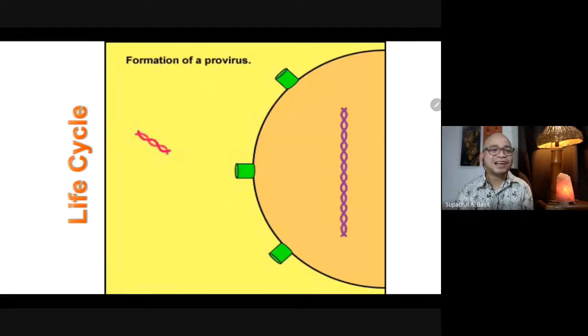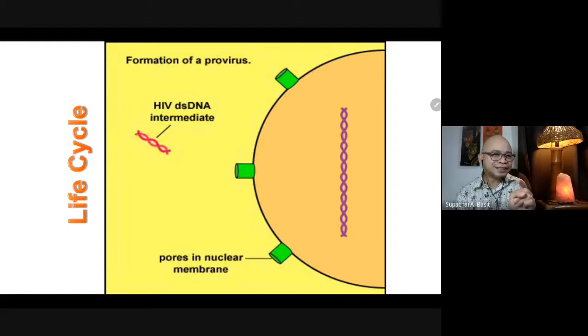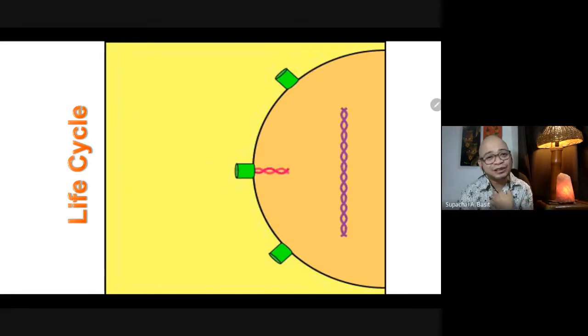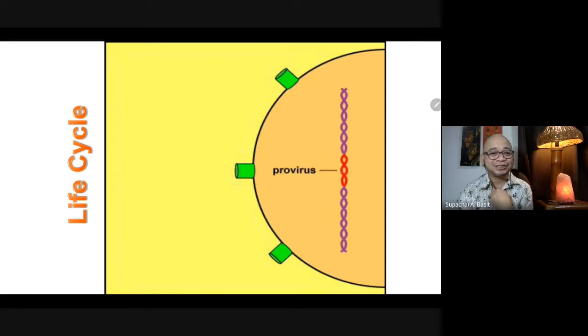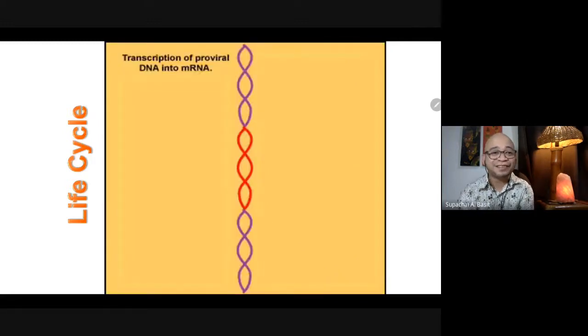So it is now the provirus. The double-stranded DNA of the virus will integrate itself into the host DNA as it enters the nuclear pore through the enzyme integrase. So the enzyme integrase inserts, and now you have the provirus, the proviral DNA.